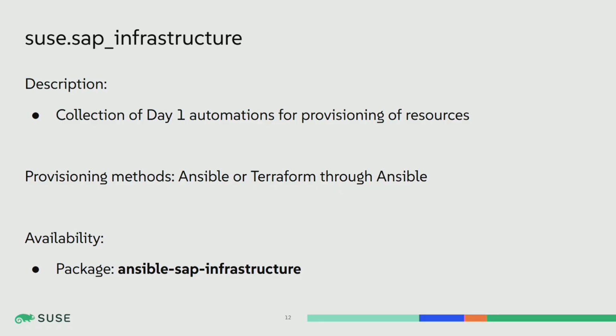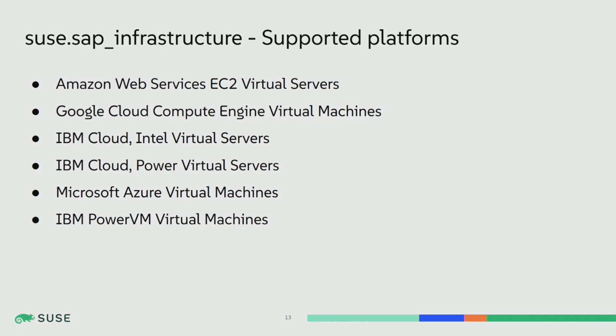So Ansible is what we go for as the primary provisioning method. It's packaged in the Ansible SAP infrastructure package, and this is a list of our currently supported platforms. We have a few more in experimental mode, including VMware, KubeVirt, oVirt, but they are not listed here since they are in experimental mode.